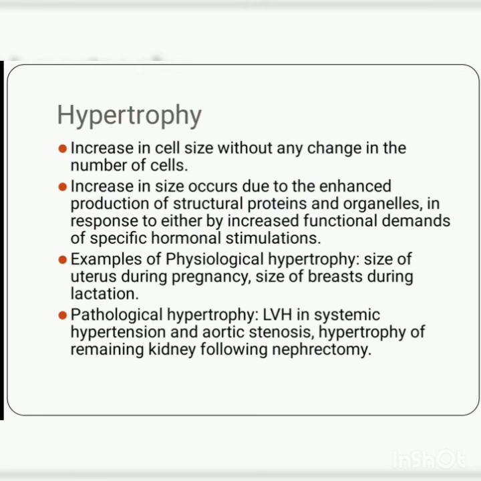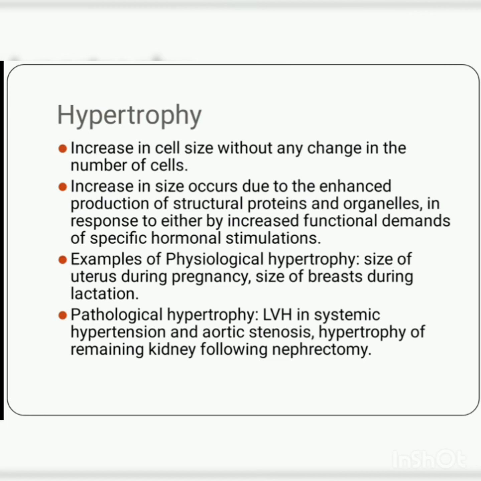A few examples of physiological hypertrophy include the enlargement of the size of the uterus during pregnancy and the hypertrophy of breast during lactation. Examples of pathological hypertrophy are left ventricular hypertrophy in systemic hypertension and aortic stenosis, hypertrophy of the pyloric muscles of the stomach in congenital hypertrophic pyloric stenosis, and compensatory hypertrophy of the remaining kidney following nephrectomy.